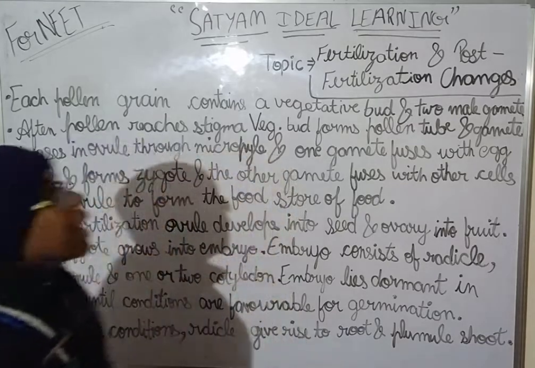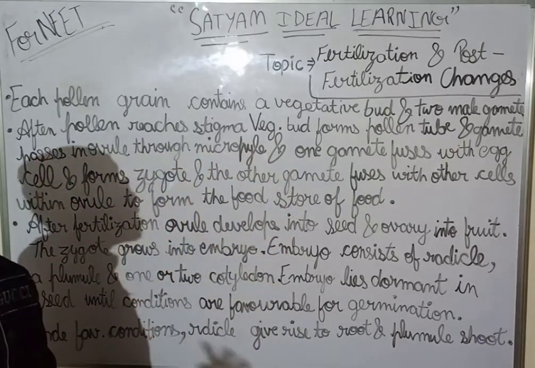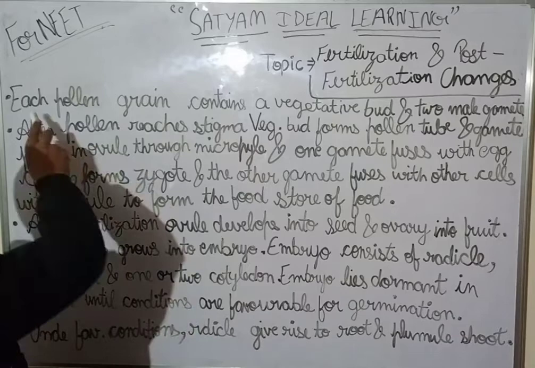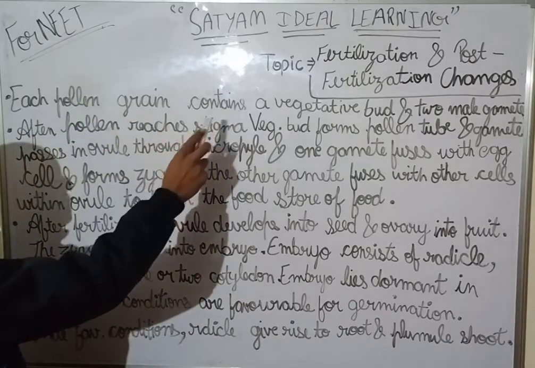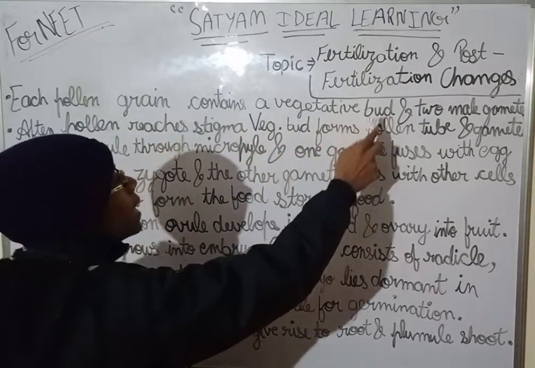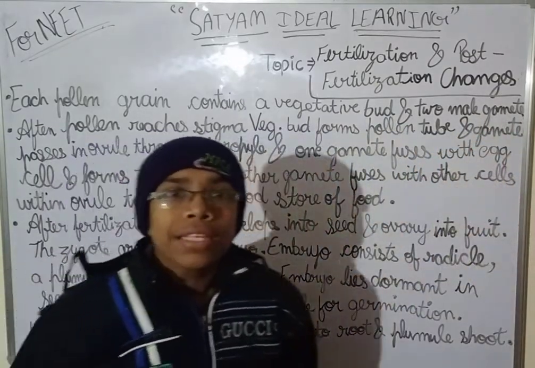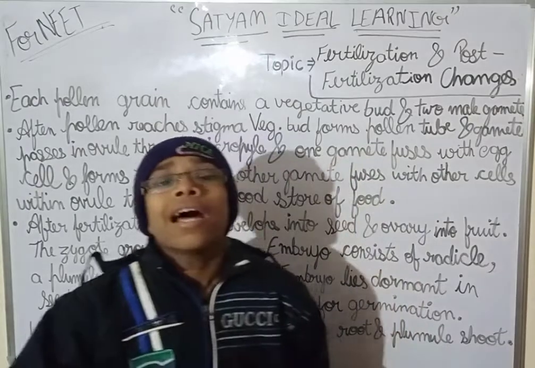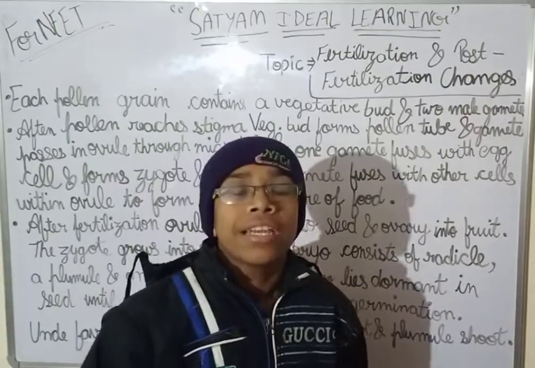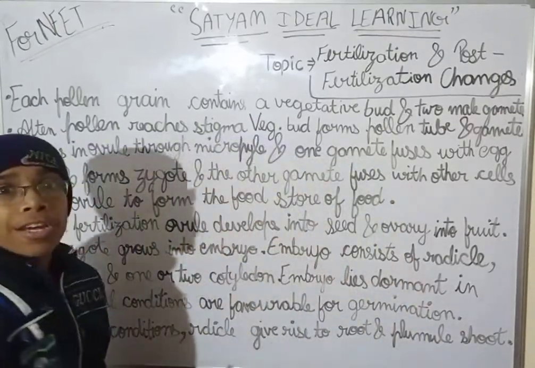Now let's discuss how fertilization occurs. Each pollen grain contains a vegetative bud and two male gametes. I've already told you guys what is pollination, what are the agents of pollination, and what is artificial pollination.